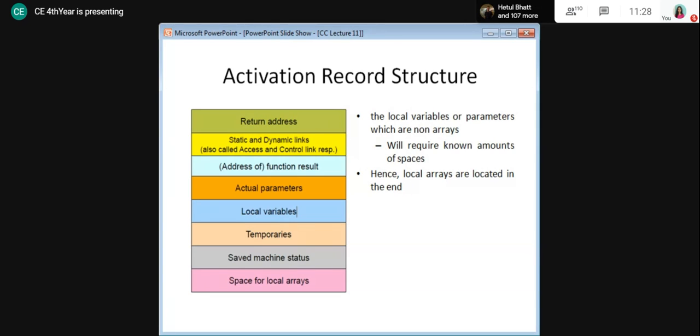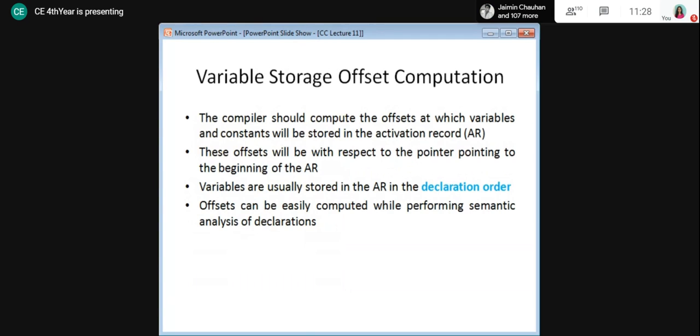The entries in this particular stack of activation records get accessed with the help of this static and dynamic link. Now, if you want to access anything, we are talking about a stack, so we will always have a pointer that is pointing to the stack.